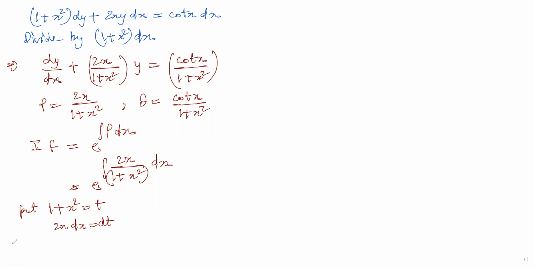So this is nothing but e to the power integration of dt by t, which is e to the power log t, which is c. Again, the same rule applies here.